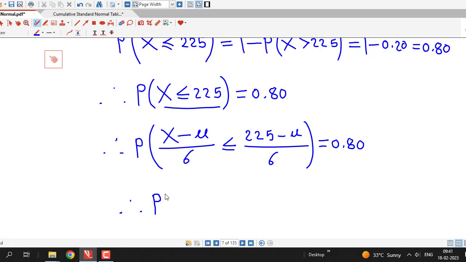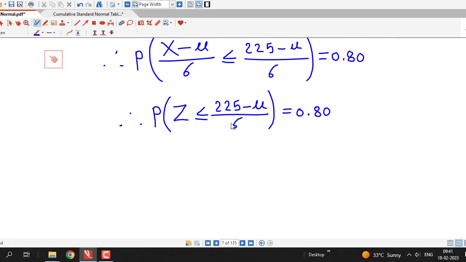Therefore, probability that capital Z is less than or equal to 225 minus mean divided by standard deviation equal to 0.80. So again we have to use cumulative standard normal table. We have to search for 0.80 area, and using that value of area in the table we will be able to decide the value of Z for which this probability is 0.80.